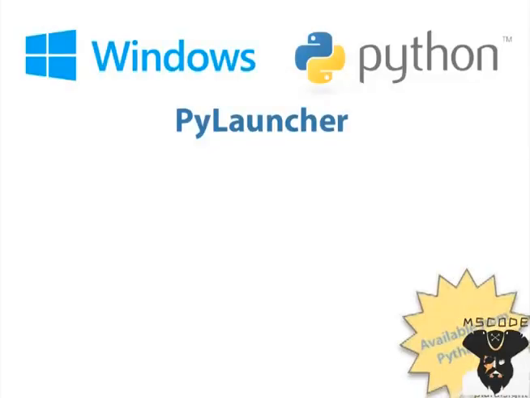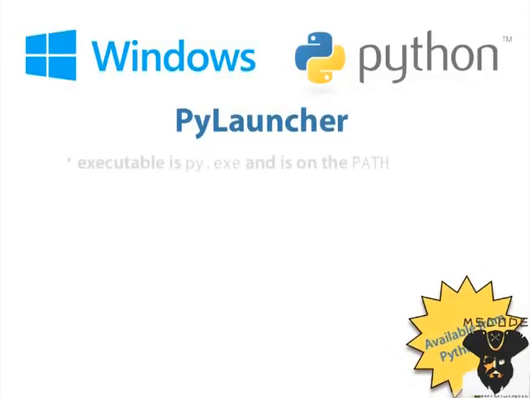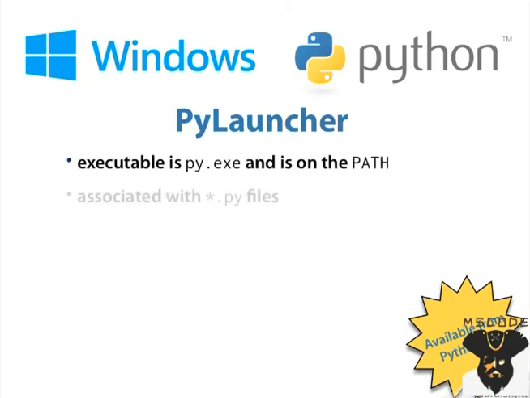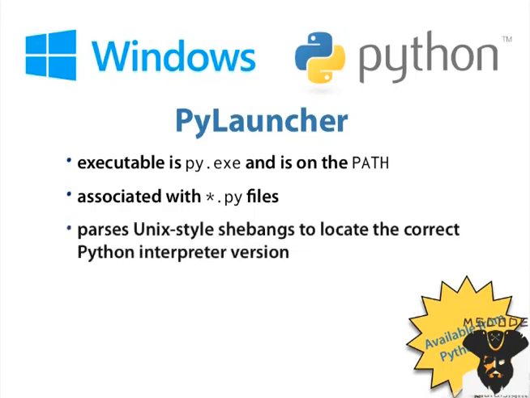Since Python 3.3, Python on Windows also supports the use of the shebang to make Python scripts directly executable with the correct version of the Python interpreter, even to the extent that shebangs that look like they should only work on Unix-like systems will work as expected on Windows. This works because Windows Python distributions now use a program called PyLauncher.